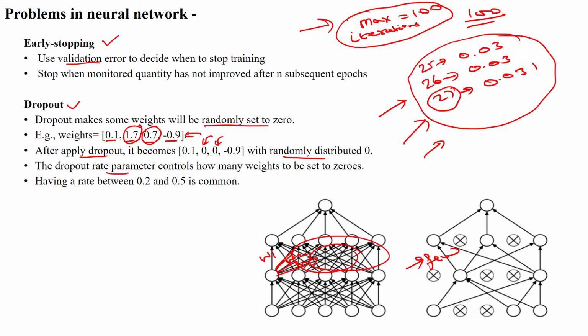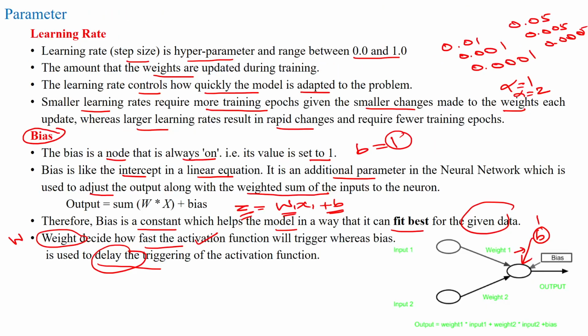The dropout parameter is used to control the network by setting 0 to a number of weights. So here the rate between 0.2 and 0.5 is common. So these are all some of the parameters and approaches used to optimize the neural network. Thanks for watching.